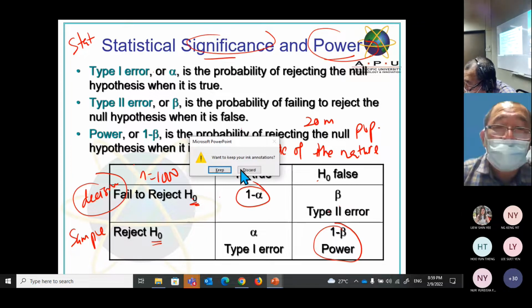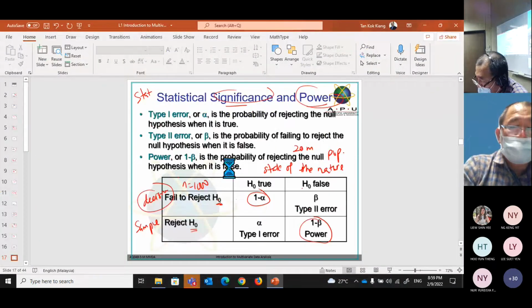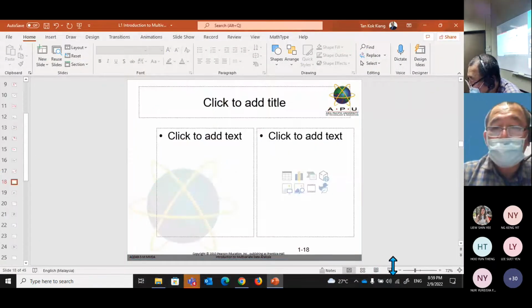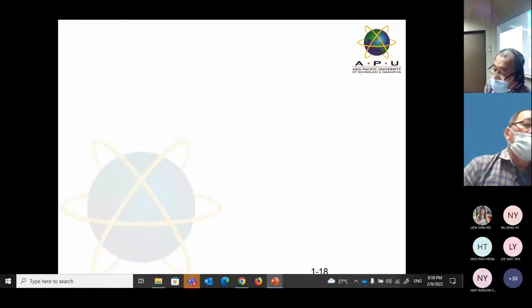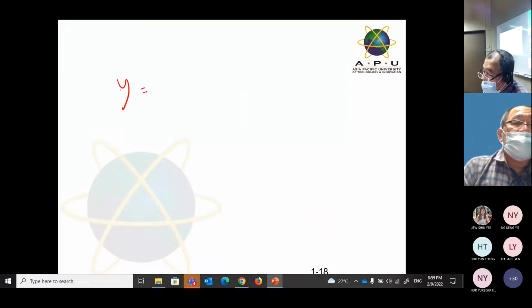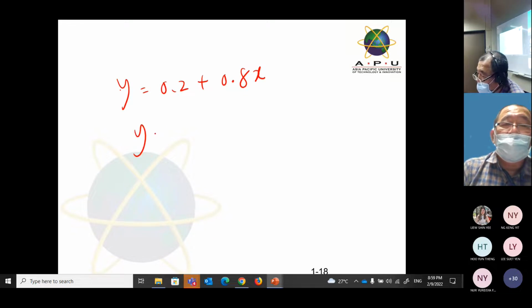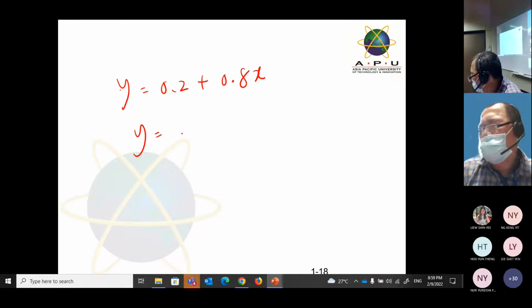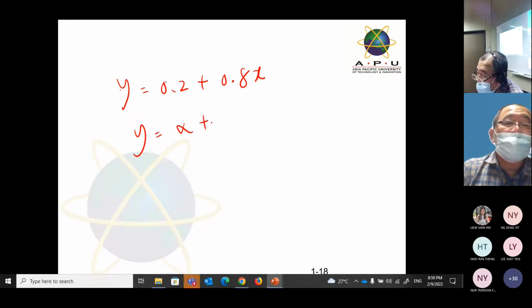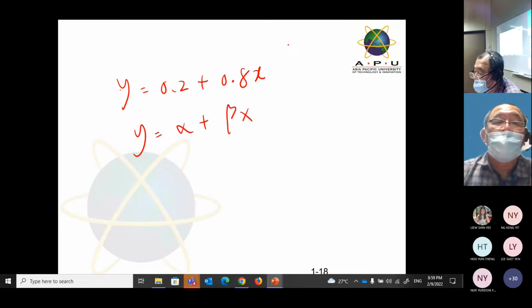Example: let's say y equals 0.2 plus 0.8x. We know this comes from simple linear regression, alpha plus beta x.